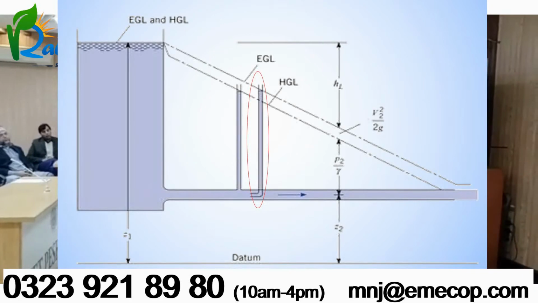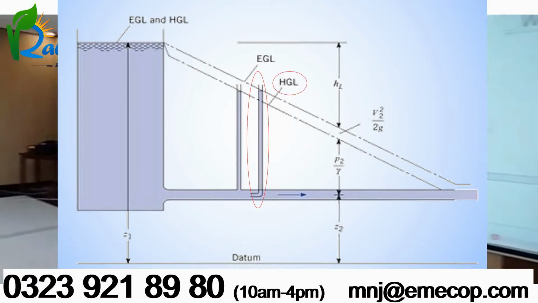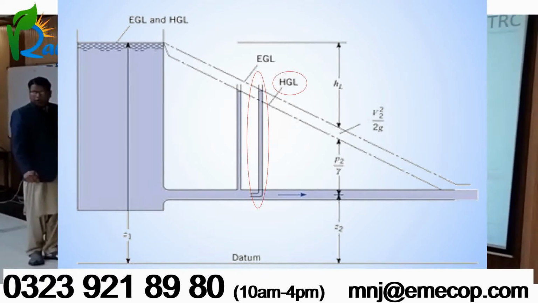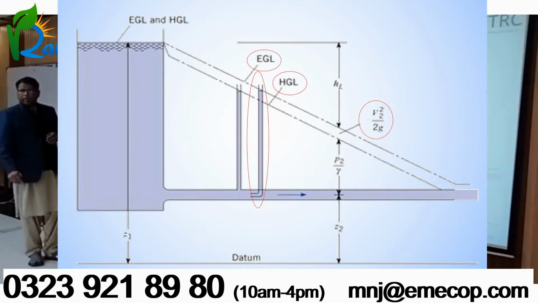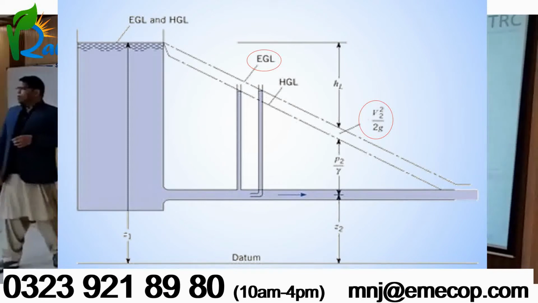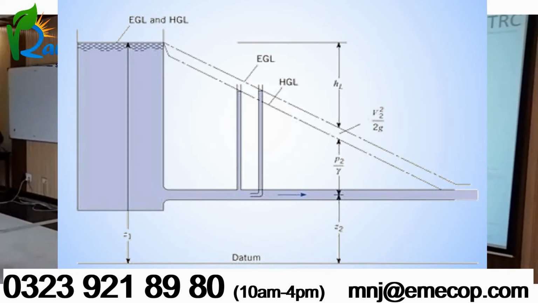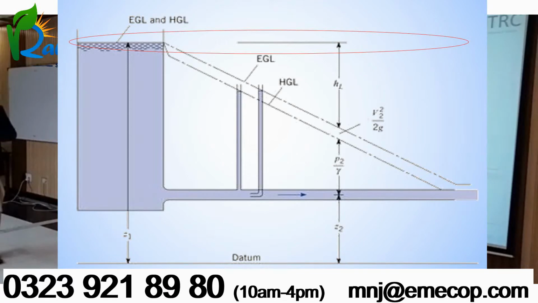So the sum of these two, the hydraulic grade line or the hydrostatic pressure along with the velocity head, which is V squared over 2g, becomes the energy grade line. But the total energy line remains the same from the start to the end, as mentioned here.